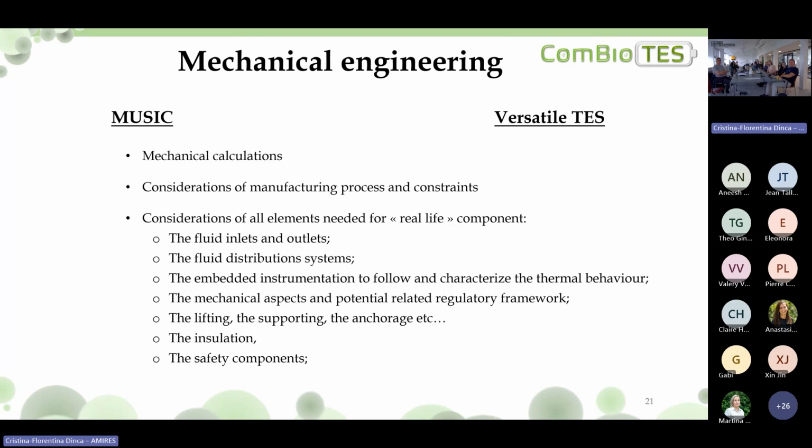All the regulation and the norms elements, all elements for the supporting, the lifting, the anchorage, the insulation, the safety content.